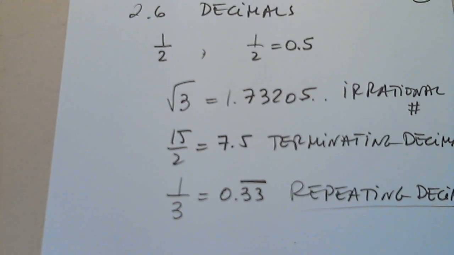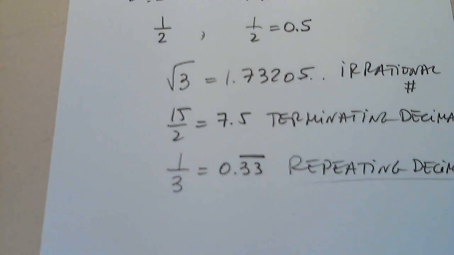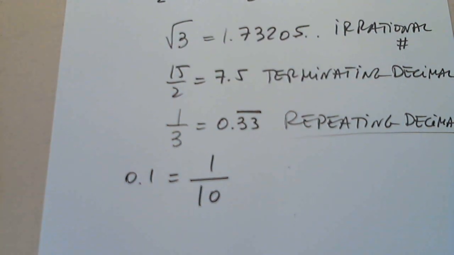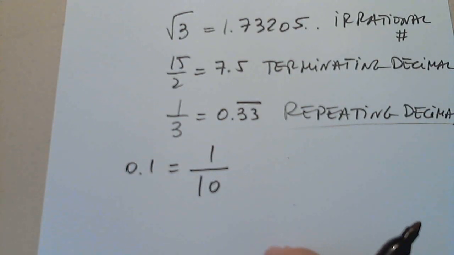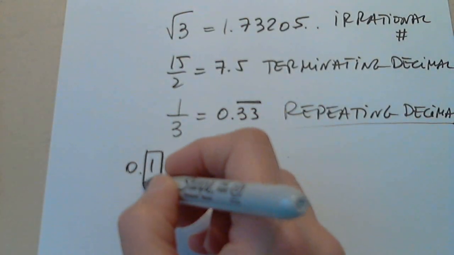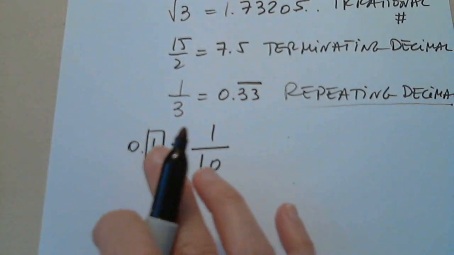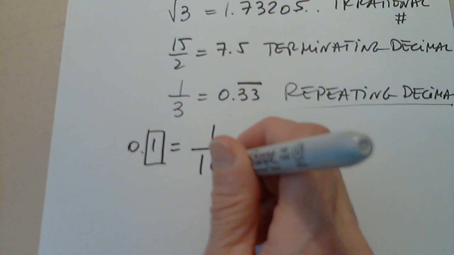Write a decimal as a fraction or a mixed number. Very good. So 0.1 is 1 divided by 10. Why 10 and not something else? Because you simply count the number of digits after the decimal point, and you put as many zeros as needed.